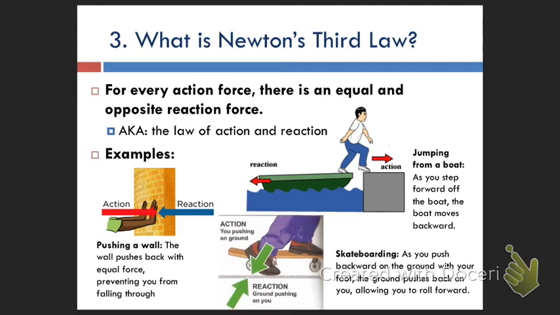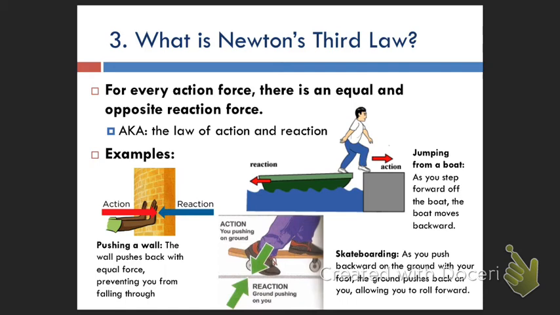In the skateboarding example, and I don't necessarily like where the arrows are pointing, you exert an action force. It's downward as you push and pull your foot back, so that's against the ground. The reaction force isn't really pushing on your foot, but where that reaction force is being applied is against the wheel of the skateboard. That's what allows you to accelerate forward.